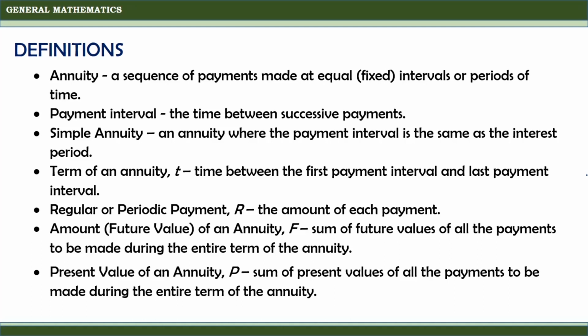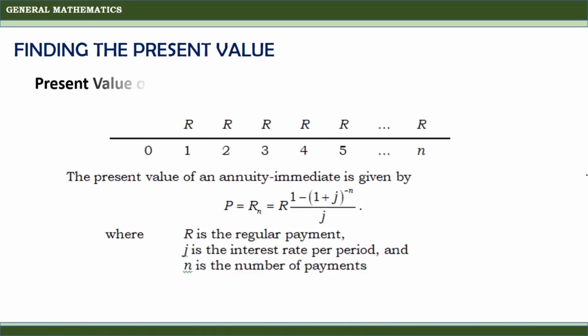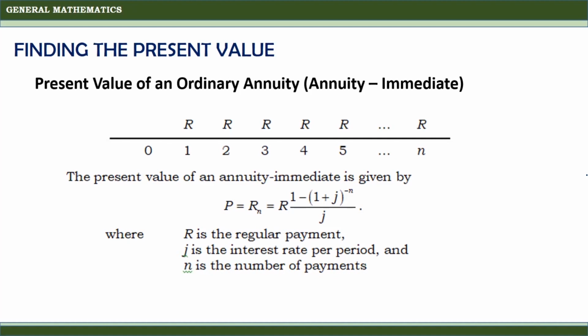Moreover, in the last video, we have discussed how to find the future value of an annuity. For this video, we will be discussing how to find the present value of an ordinary annuity or an annuity immediate.